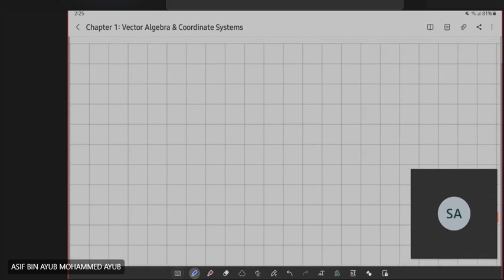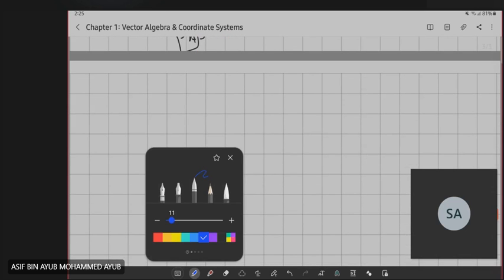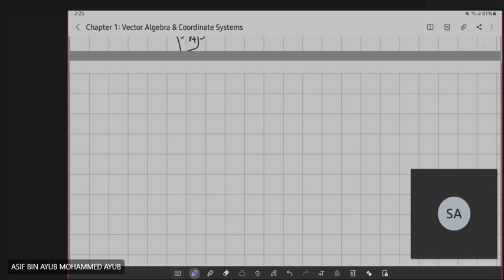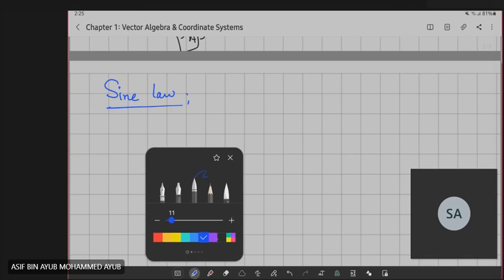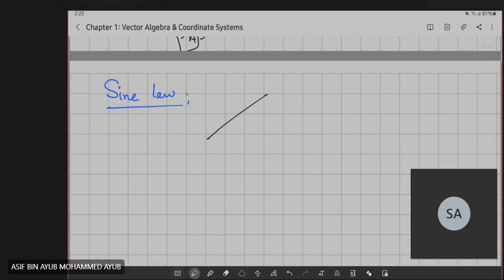Okay, now let's derive the sine law. I've told you that the cross product actually gives you the magnitude.